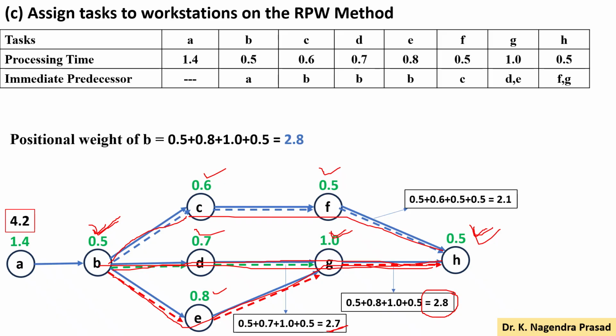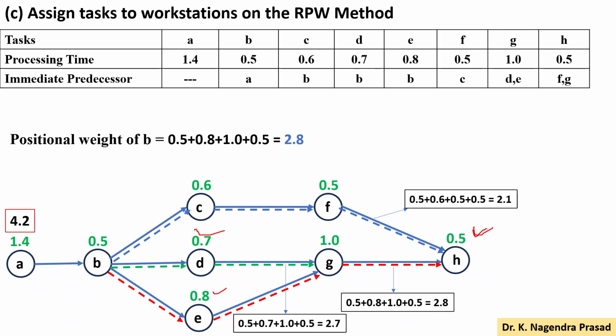Then the positional weight of task B is 2.8. The path is B, D, G, H. So the RPW value for task B is 2.8.